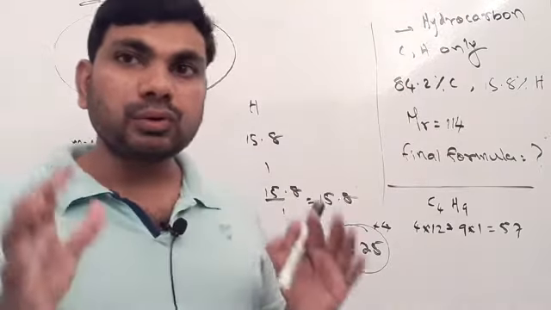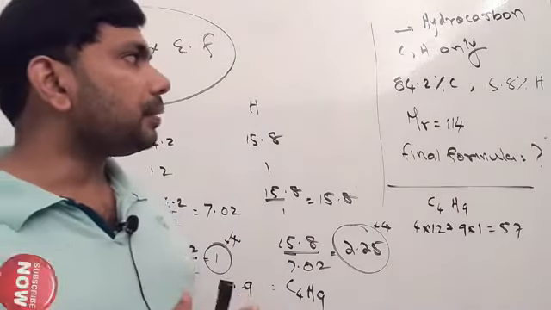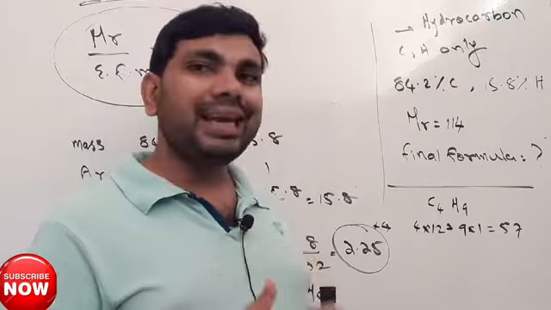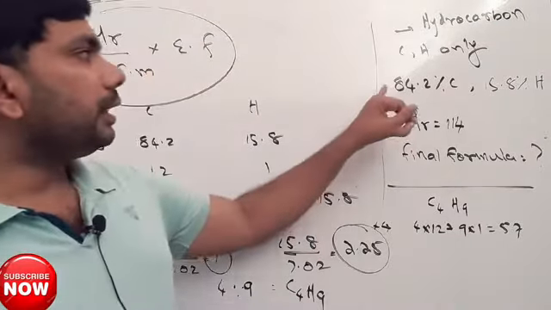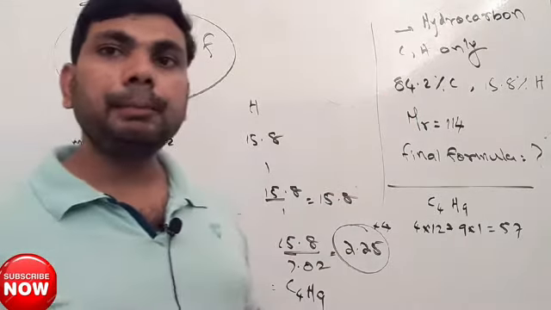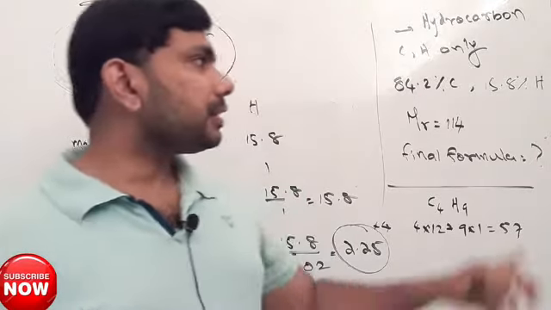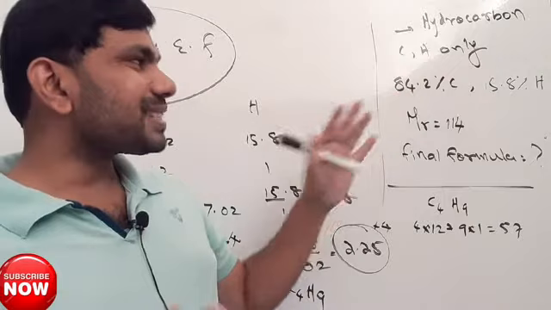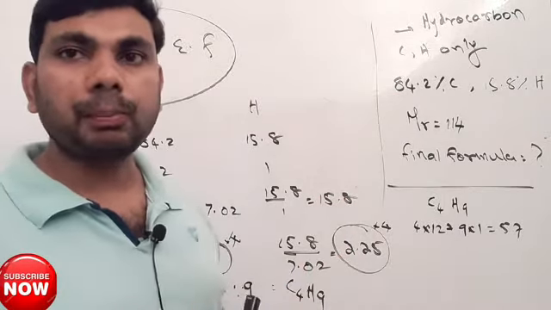Imagine out of 100, 84.2 gram carbon and 15.8 gram hydrogen. Here 84.2 percent carbon and 15.8 percent hydrogen. This is the percentage of mass of carbon and hydrogen in this compound.